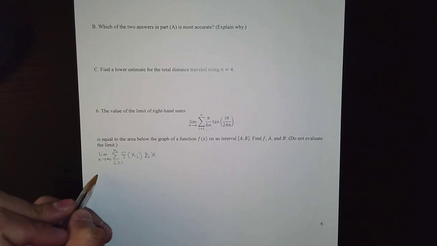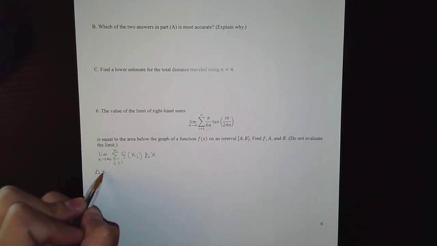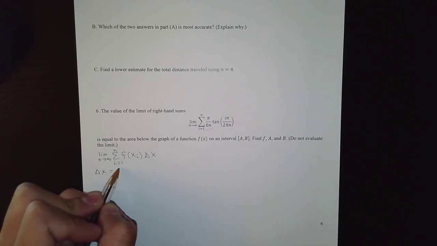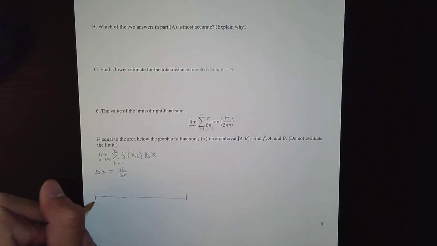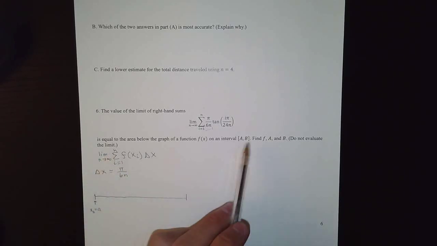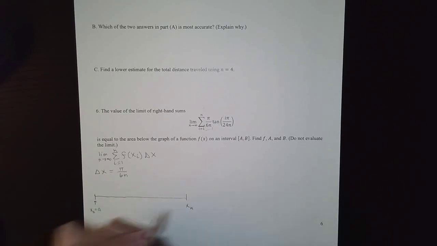And so we know that delta x equals pi over 6n. And so visually that means we have points where our x sub 0 is equal to a, or our beginning point, our capital A in this case, and our x sub n is equal to b.